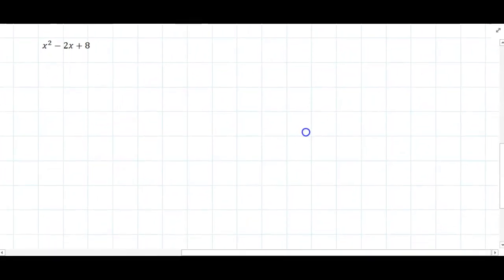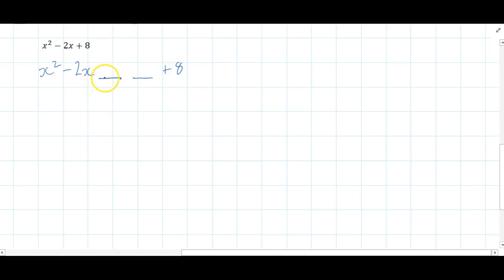So we've got x² − 2x + 8. Again, you'd exhaust all methods. I know this one does not work, there's no factors of 8 that add up to −2, so I can't use the trinomial method. But I'm going to use my completing the square method. So x² − 2x, leave a space and another space, and then you add 8 onto the end.